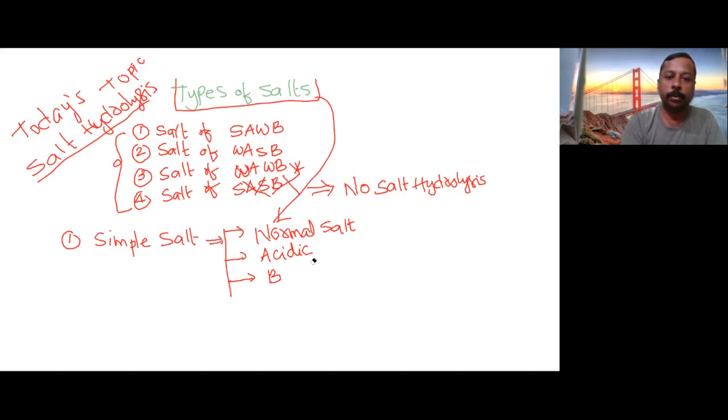No, it is just a part of salts only. This is also salt and this is also salt: acidic salt and basic salt. Now, these three, normal salt, acidic salt and basic salt, come under simple salt.